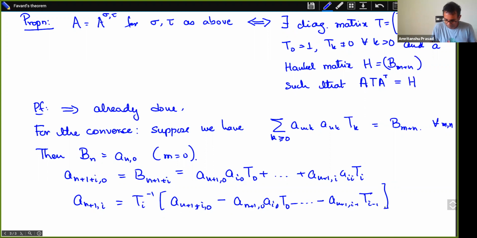One second only. So you are assuming the A is upper triangular or lower triangular. You need to write that as well.